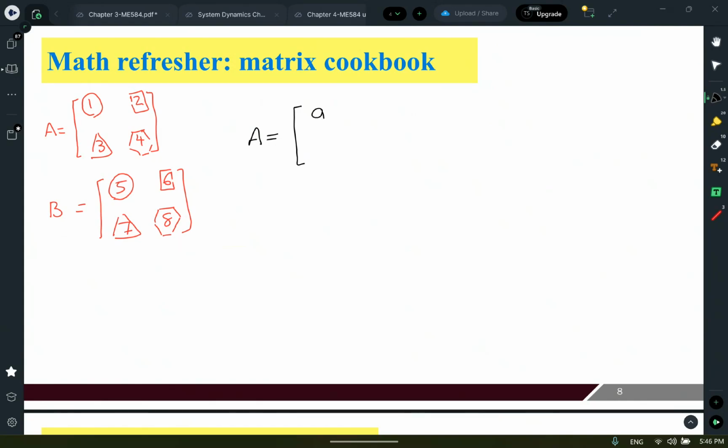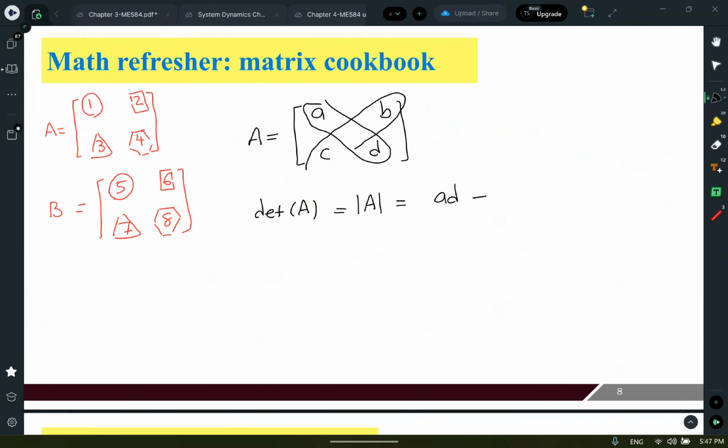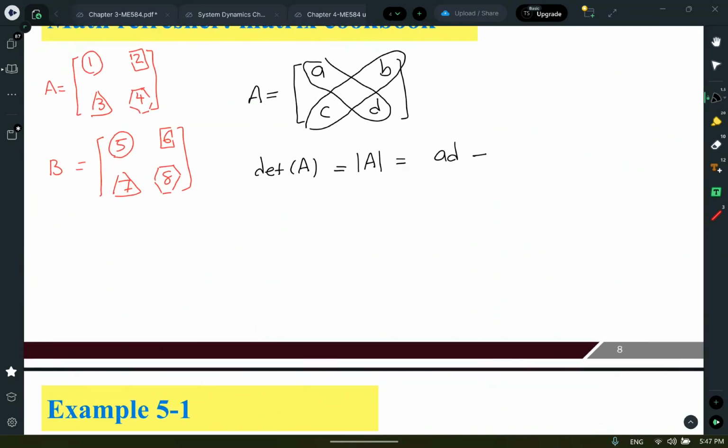Let's say that your A matrix is A, B, C, and D. The determinant of A, sometimes shown with the absolute value of A, for a 2 by 2 matrix is going to be the multiplication of the elements on the main diagonal, which is AD, minus the multiplication of the elements on the off diagonal, or the other diagonal.